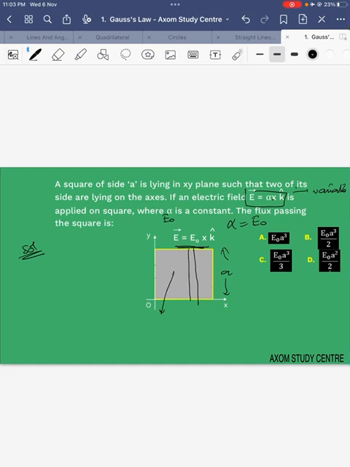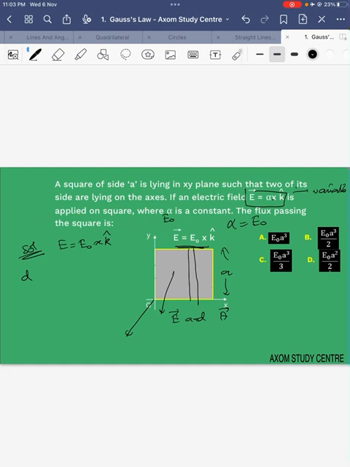So the electric field and area vector are in the same direction, so the angle is 0 degree, but here the field is varying. You can see alpha x k cap, so it is varying, so what you have to write is E equal to E naught x k cap.